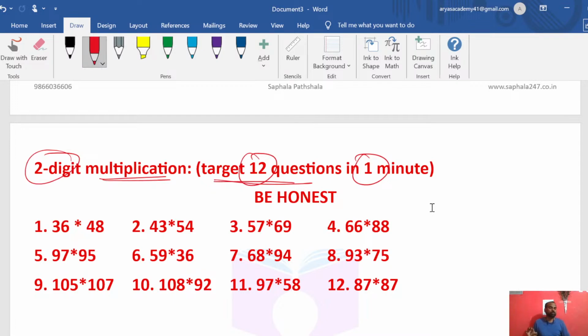Already half a minute is over. 30 seconds are over. Okay. Keep it in mind and try to solve as fast as possible.